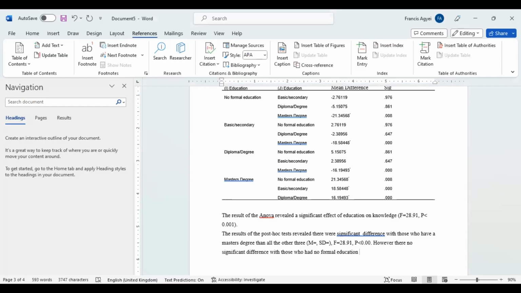And you quote the mean, so M is equal to, standard deviation is equal to, then your F value 28.91, then the P, which is less than 0.001.